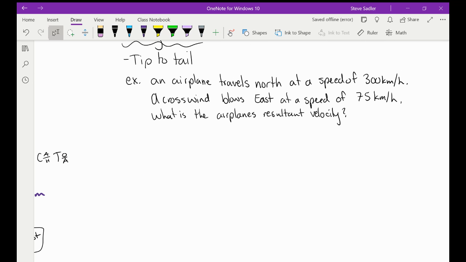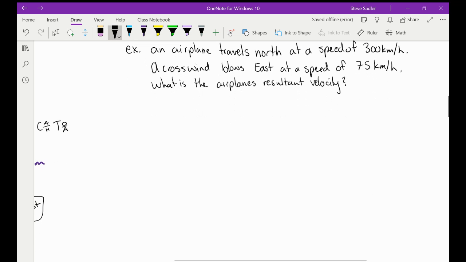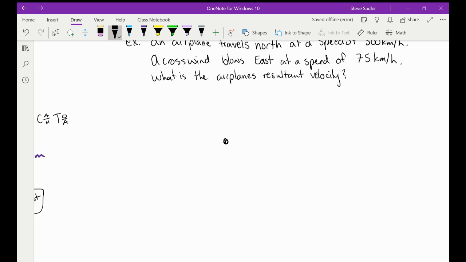I'm not going to solve this. I'm just going to show you how we would add the vectors. So the example is an airplane travels north at a speed of 300 kilometers per hour. A crosswind blows east at a speed of 75 kilometers per hour. What is the airplane's resultant velocity? So if we were to draw a picture, this is our airplane.